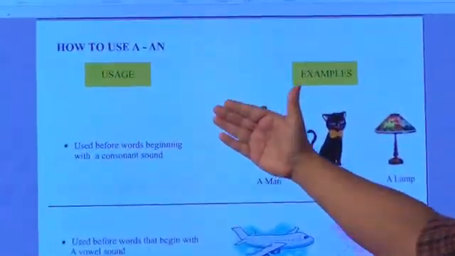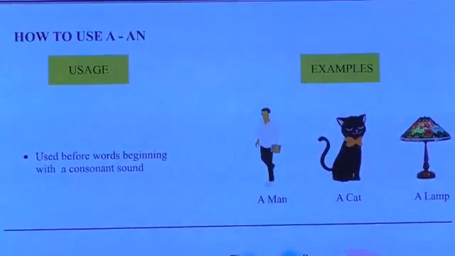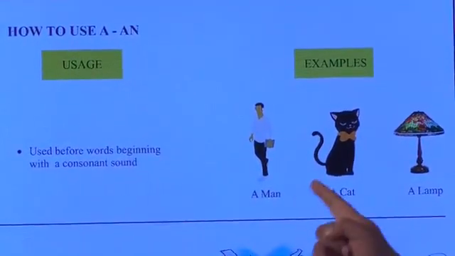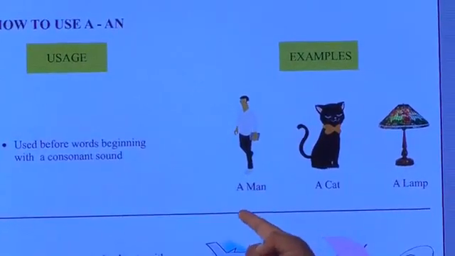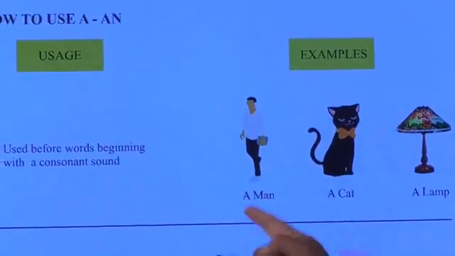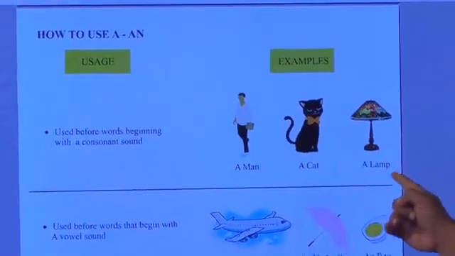More usage of the indefinite article. Here you can see some of the words beginning with a consonant, like man, cat, lamb. A man, a cat, a lamb.